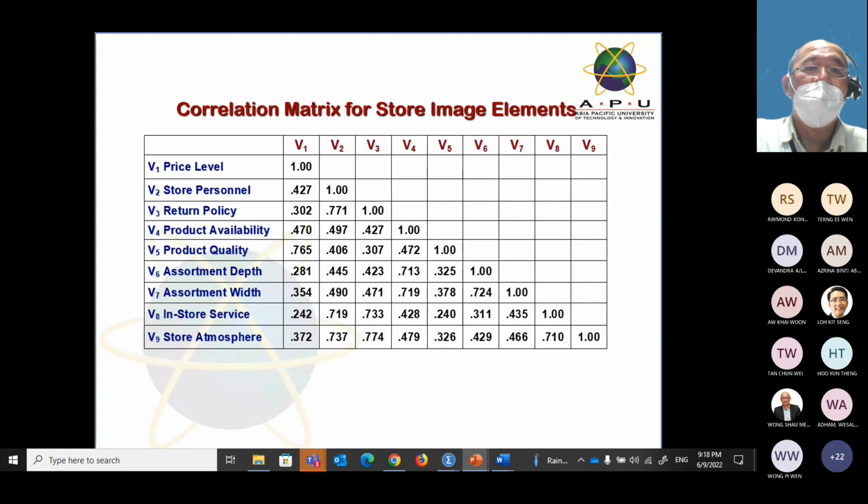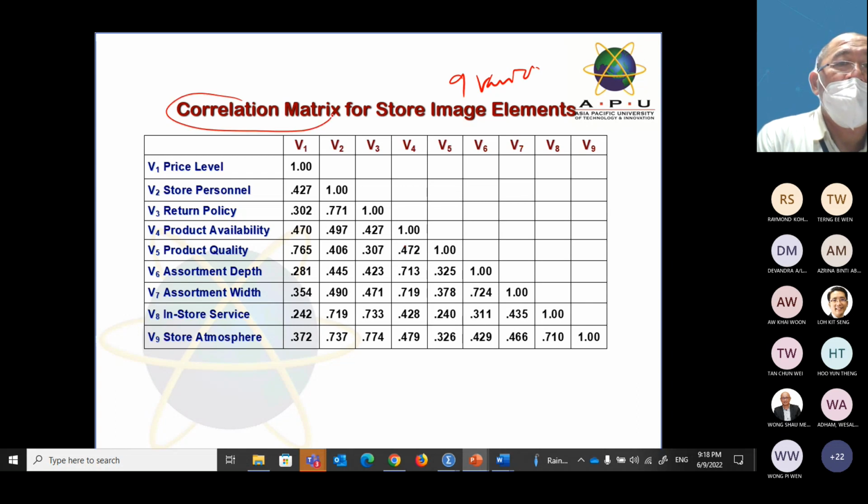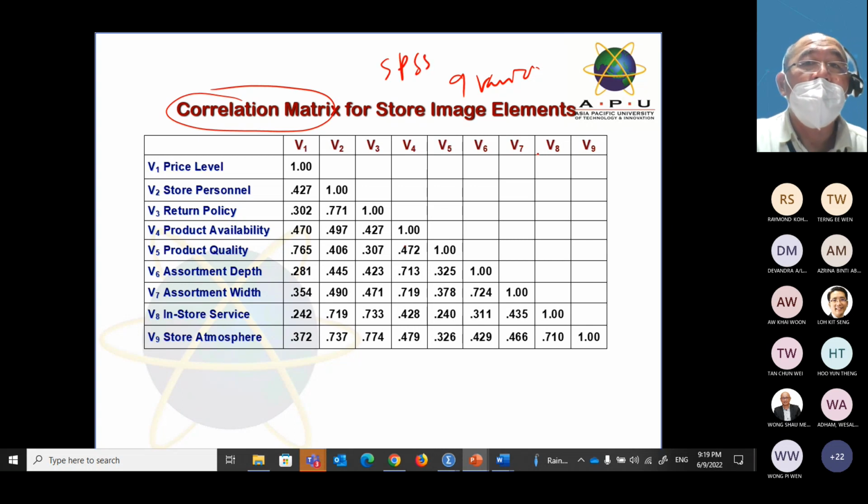So here we've got 9 variables. Then we see a few things. Can you see its correlation matrix? We can easily get this table from SPSS. This is for store image elements, how people view the store, the shopping complex, and so on.